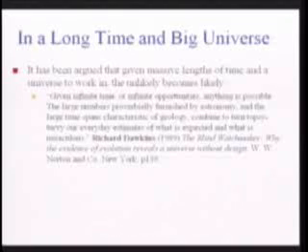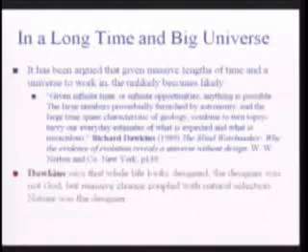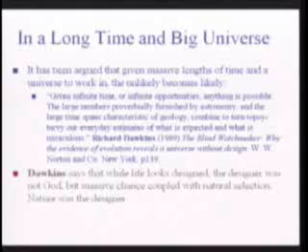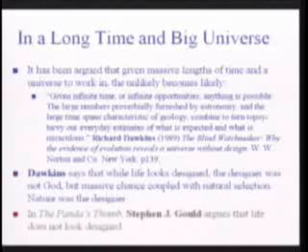Dawkins, a well-known British evolutionist, still says that while life looks designed, the designer was not God, but massive chance coupled with natural selection. Nature was the designer. He has the same facts that we do, and yet he draws different conclusions. Stephen Gould, another famous American evolutionist, wrote a book called The Panda's Thumb.